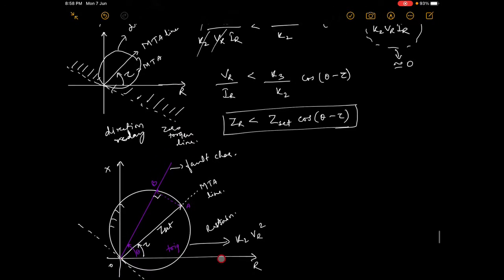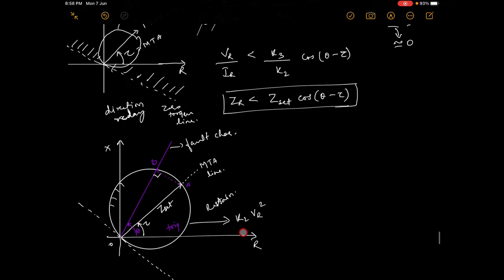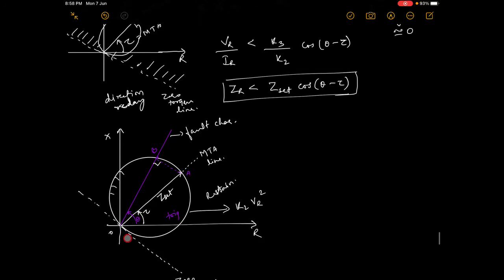Now how to draw this line? I'll tell you how to draw this Mho characteristic. So take the XR axes, and from there you assume that you know tau somehow. How to determine tau we'll see. So you assume that you know tau. Tau is an angle.